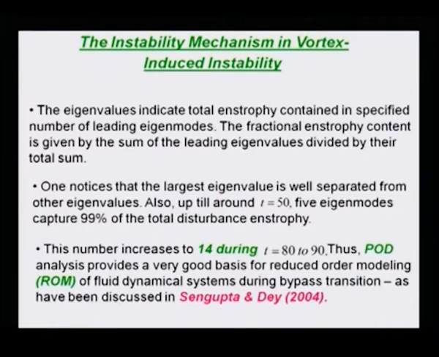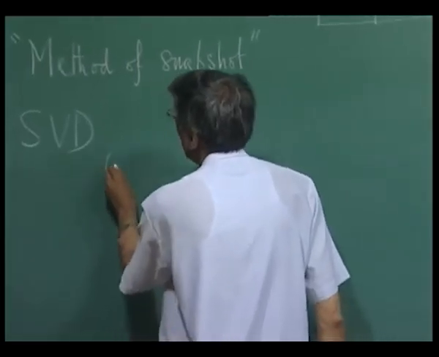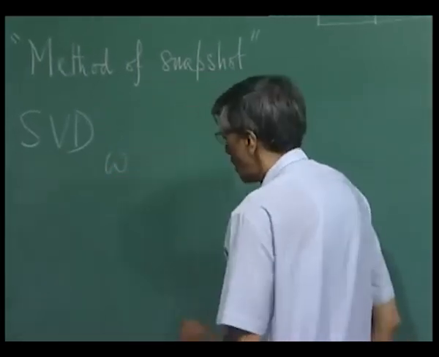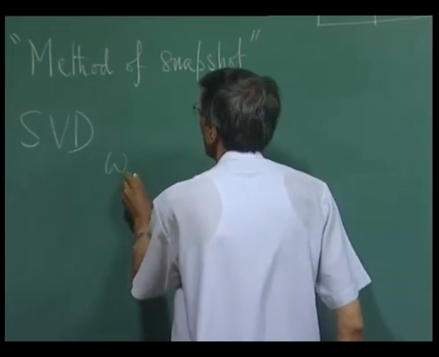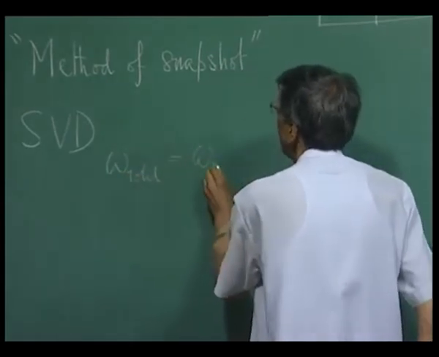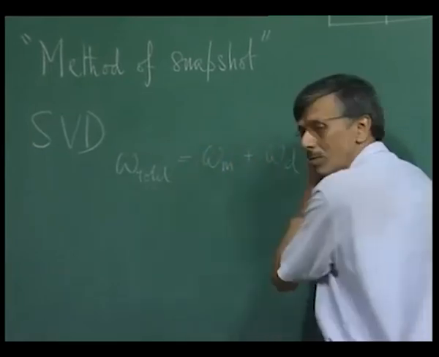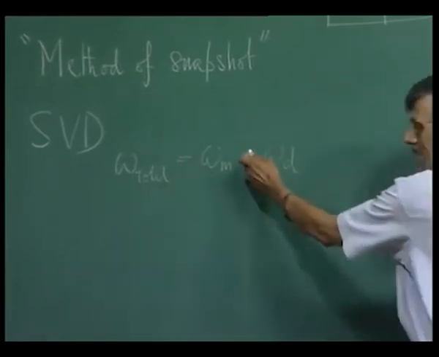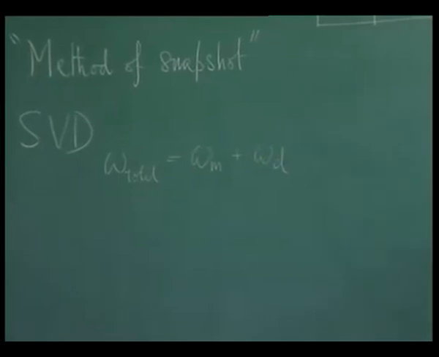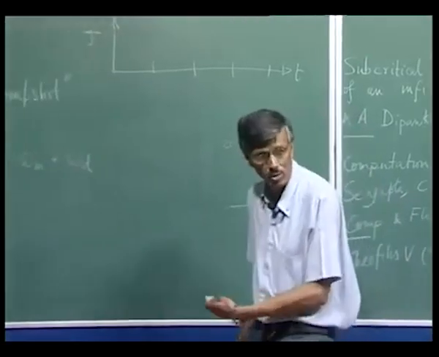So, how do we talk about this? Basically, what we do is we solve for the vorticity. If I call the total quantity omega mean plus, say, omega disturbance, I am not writing epsilon, but it is understood that it may or may not be a lower order quantity, though at the initial stage it could be.